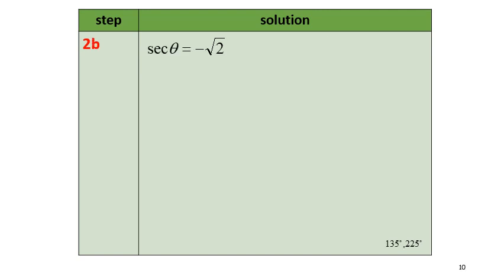Next, secant theta equals negative sec 2. As I said before, we change into 1 over cos theta equals negative sec 2. So rearrange, then we get cos theta equals negative 1 over sec 2.